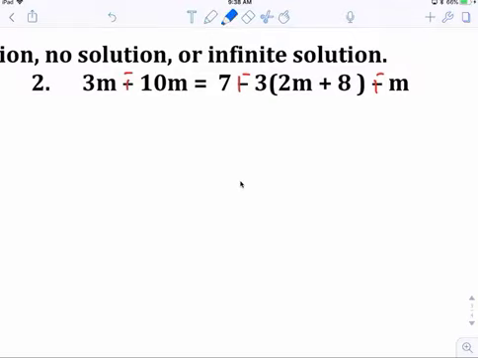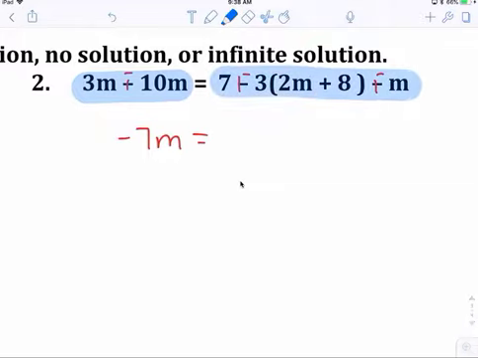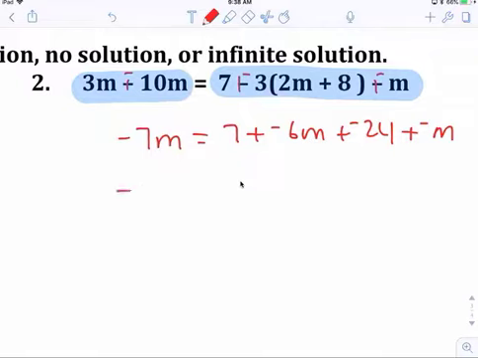I want to go over this here because some of you did it differently. It's negative 7m equals this side here is 7 plus a negative 6m plus negative 24 plus a negative m. Negative 7m equals negative 7m.